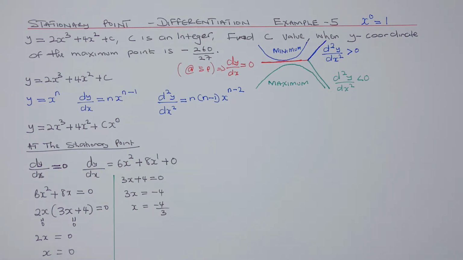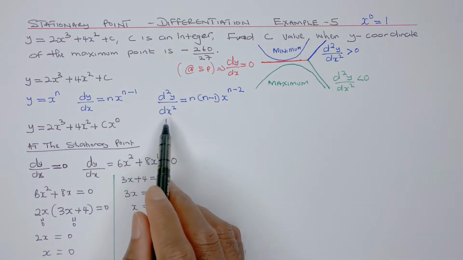So now we've got the two x values. One of them is maximum, and the other will be minimum. To determine which is maximum and which is minimum, we need to find the second derivative.